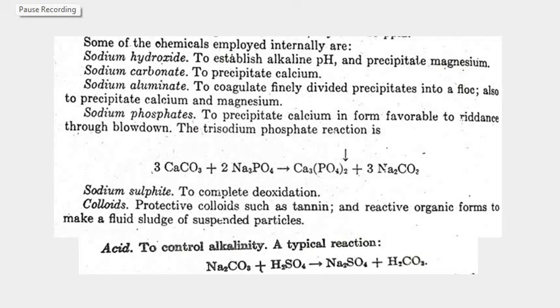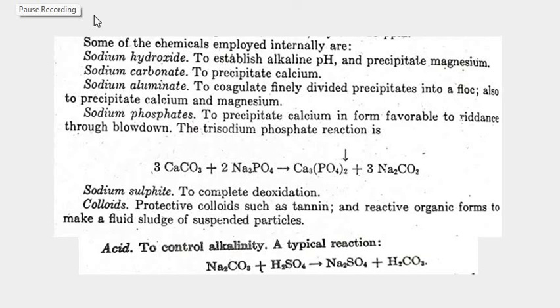Next is sodium carbonate to precipitate calcium, and sodium aluminate to coagulate finely divided precipitates into a floc, also to precipitate calcium and magnesium. So sodium phosphate to precipitate calcium in a form favorable to removal through blowdown.